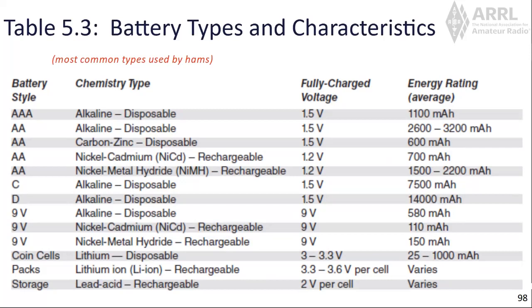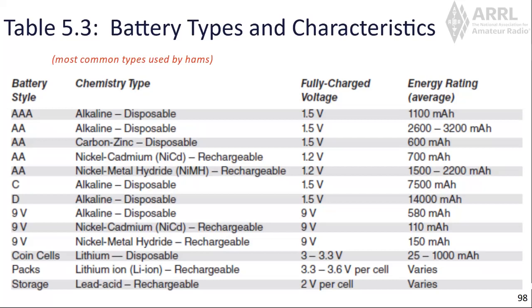The thing to remember here is their fully charged voltage is 1.2 volts, not 1.5 volts. Then you have nickel metal hydride rechargeable batteries. They're also 1.2 volts. Then we get down to disposable alkalines of C, D, 9 volt.